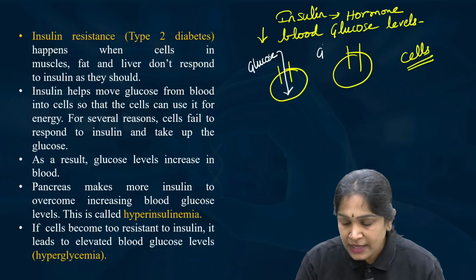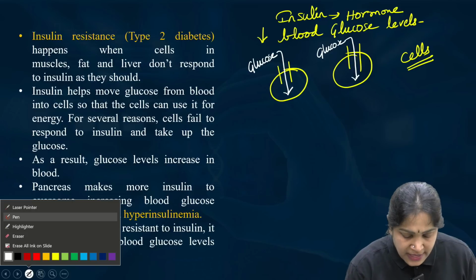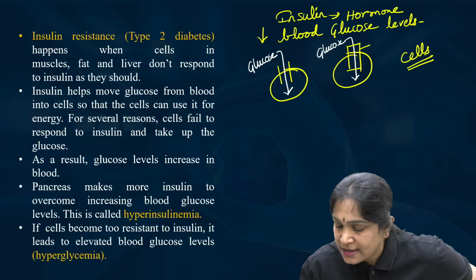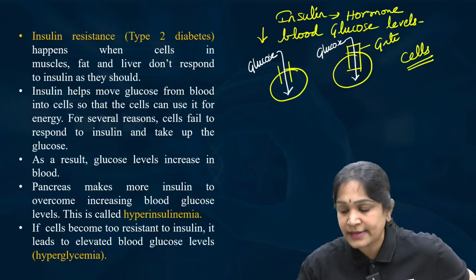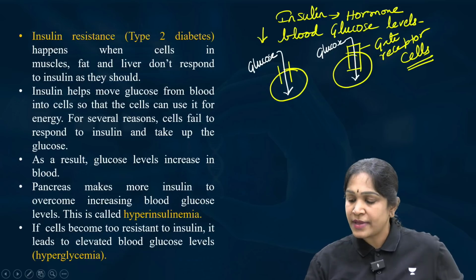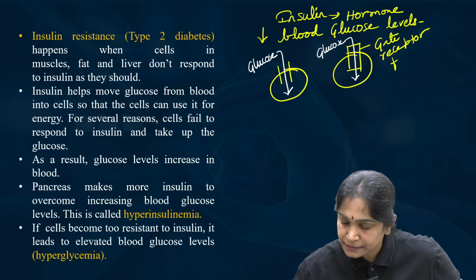And what are these structures? These structures are like a gate, or we can also call it a receptor. Okay? Receptor for glucose.